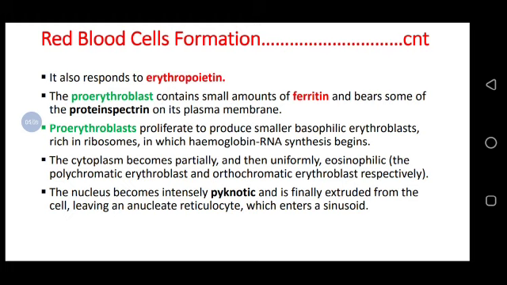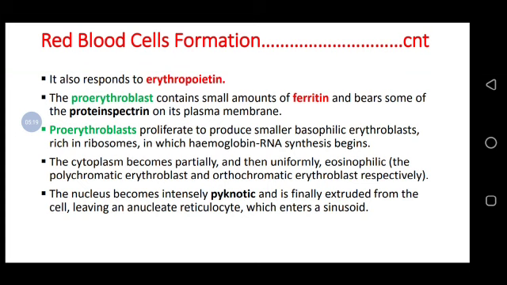So in the cell we need to have cytoplasm. The cytoplasm in the red blood cell started at that stage, but it begins partially and then uniformly. It begins partially and then the cytoplasm is uniformly, what we say, eosinophilic.